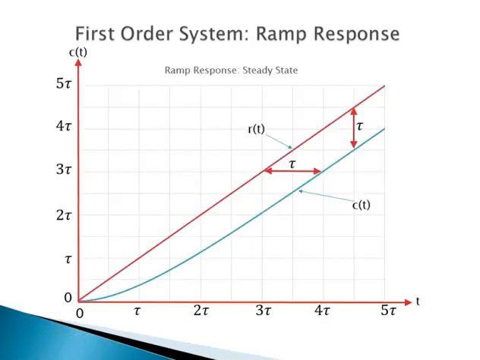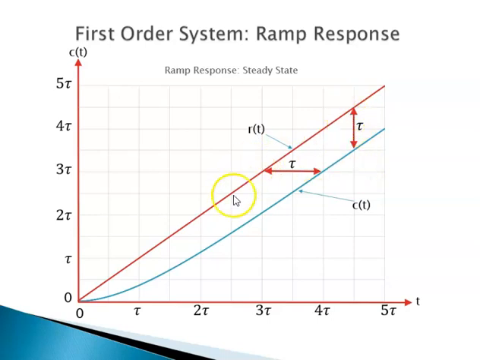This plot shows the response of a first order system to a unit ramp input. This red line shows the input and this blue line shows the output. You can see that there is a difference of 1 time constant along the time axis and 1 time constant along the output axis.